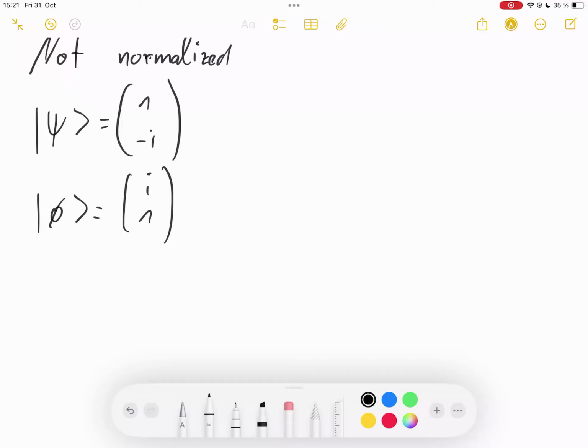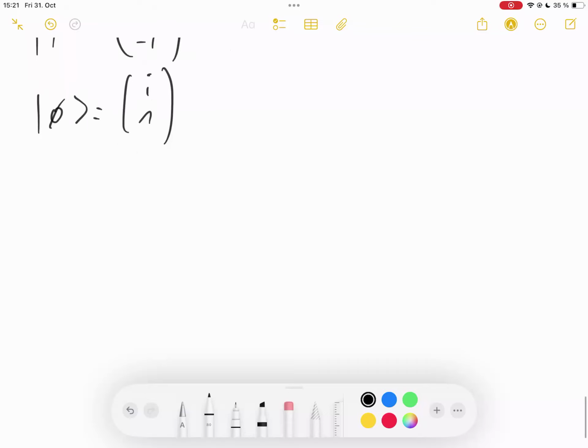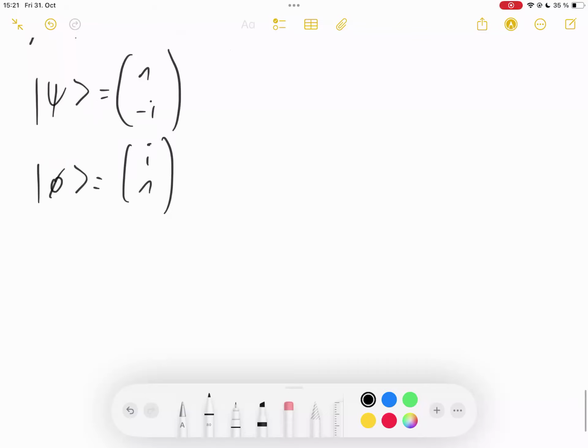And if you calculate this, say you take the inner product, so we need the phi bra, which is -I and 1.